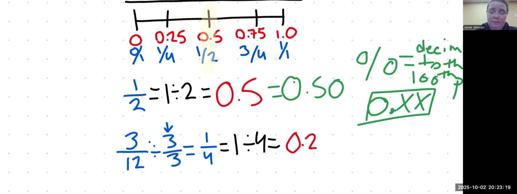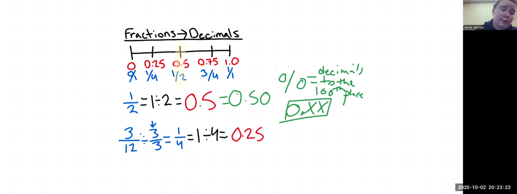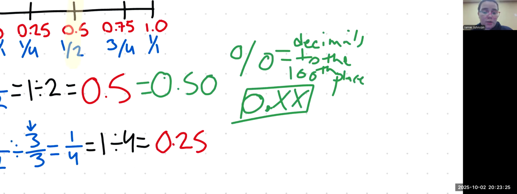Now, in order to put it into decimal form, we just have to make sure that it's got just those 2 decimal places, that it is rounded or zeroed to the 100th place in decimals.